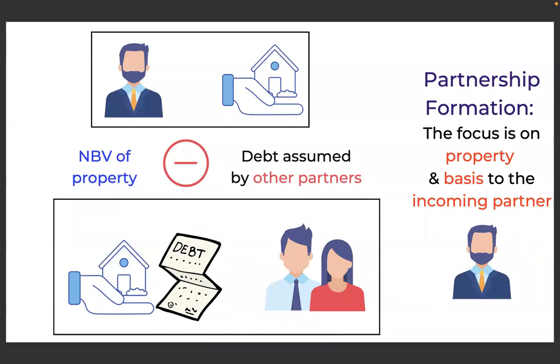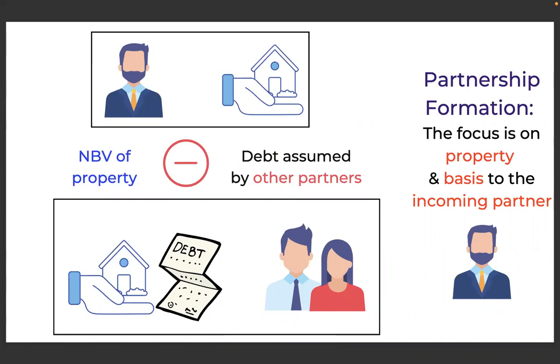And right at the top, write initial formation basis. And on the left-hand side, write corporations, and then write focus is primarily on the entity, and then say that the property contributed or the property received is going to be the greater of the net book value or the total debt assumed.